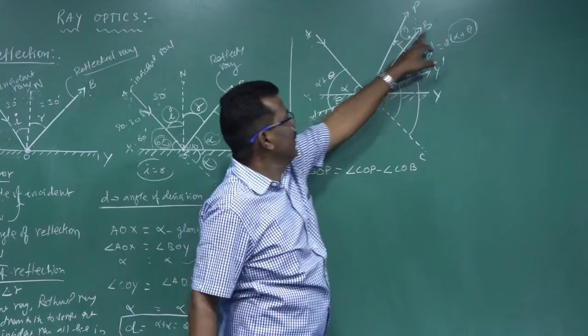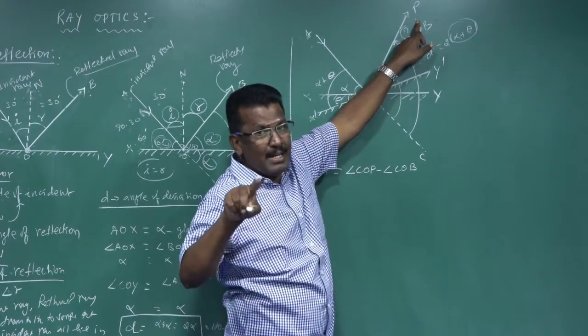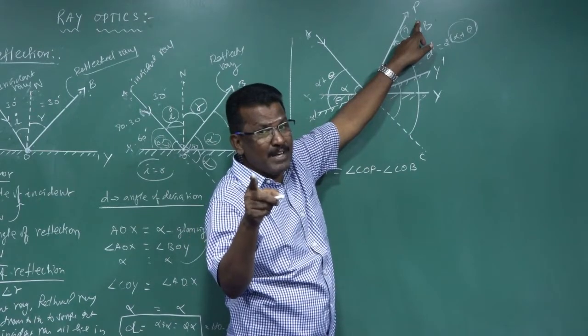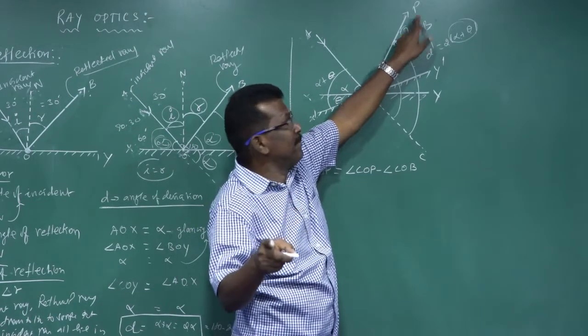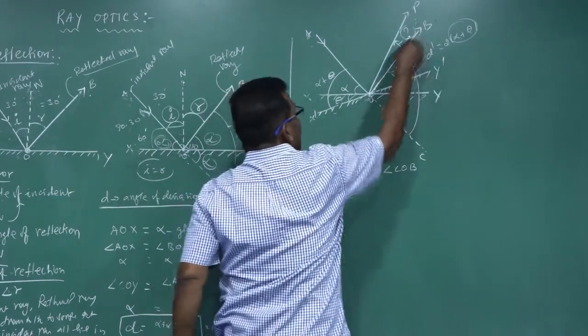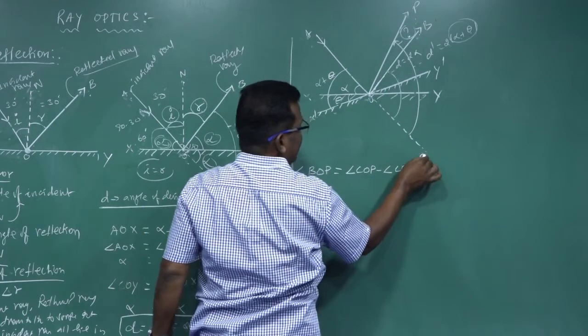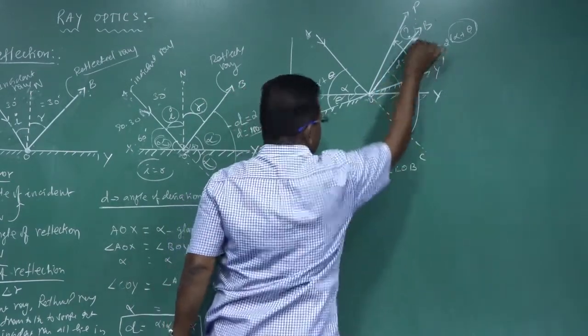Now we have to calculate BOP. How much will the reflected beam's angle change when the plane mirror rotates by angle theta? So BOP is equal to COP minus angle COB.